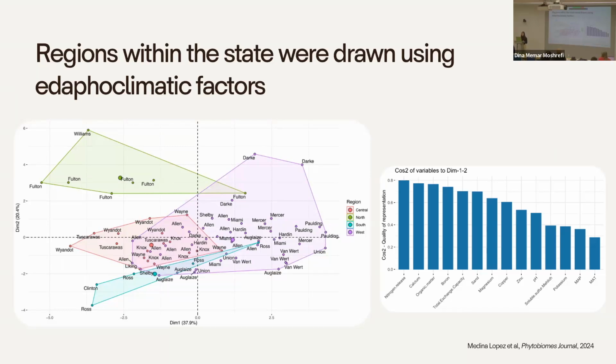And we also included climatic factors like mean annual temperature and mean annual precipitation in our analysis to account for those environmental factors.